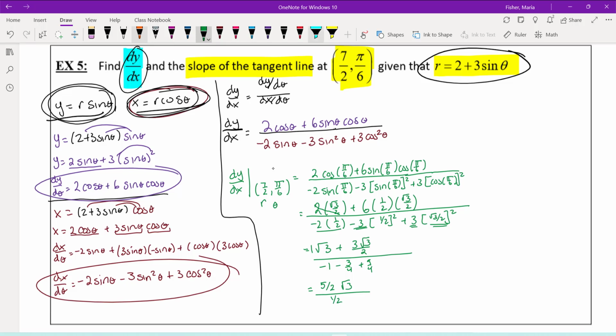Well, notice that I have a denominator of 2 for both of these. If I were to multiply this by 2 and this by 2, I'd end up with a slope here equal to, because that 2 will cancel and that 2 will cancel, 5 square roots of 3 over 1, and I don't need to write the over 1.